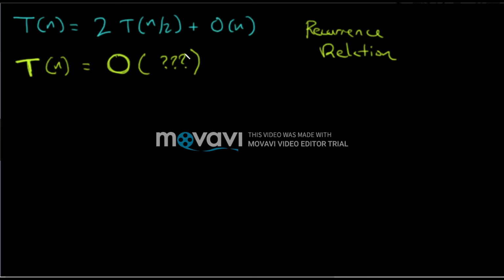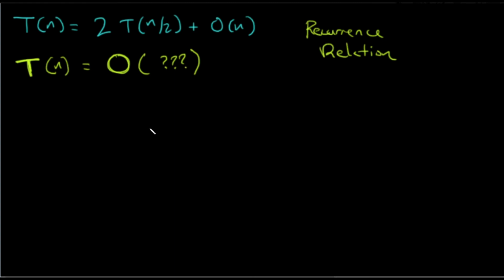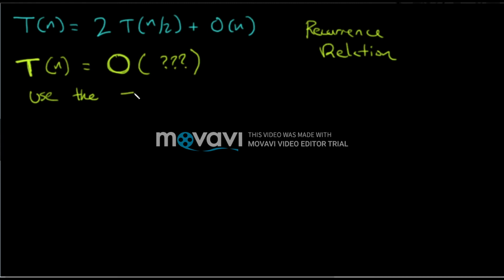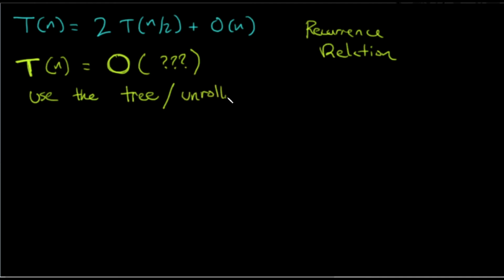We want just a big O runtime. So like we said, we're going to solve this using the tree method, and you'll also hear it called the unrolling method.